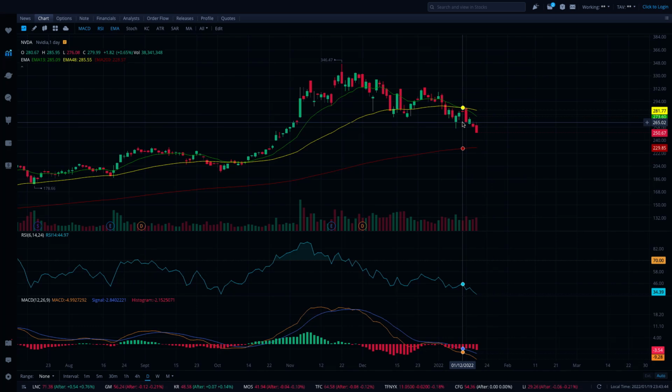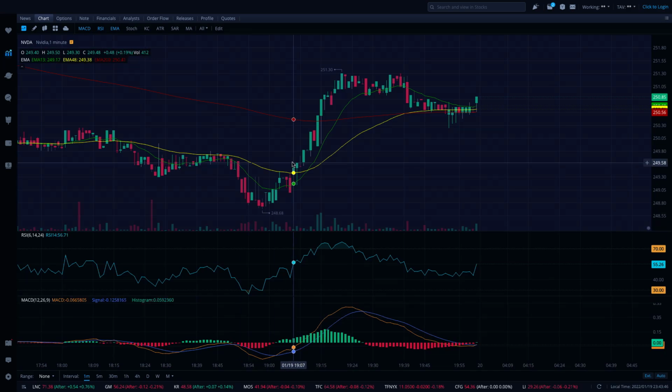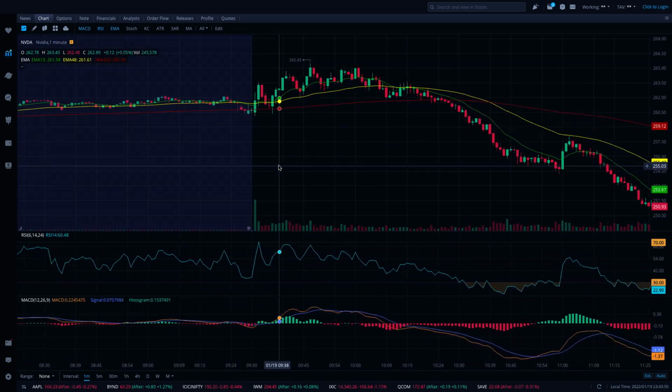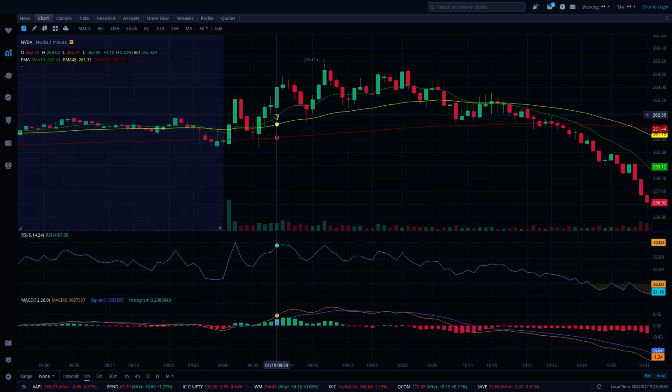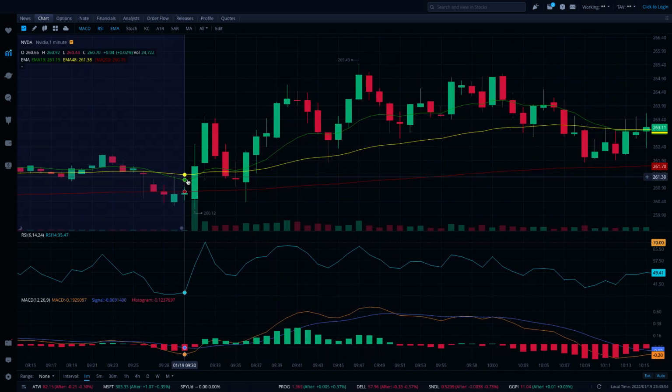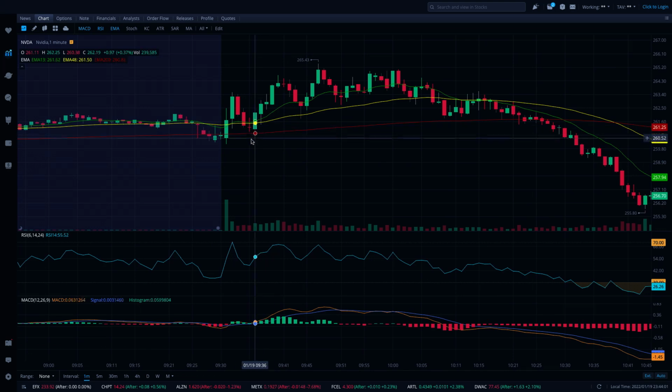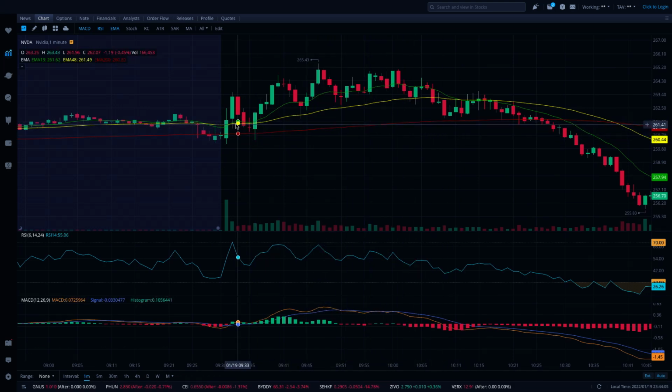Okay, so now let's look at the 1 minute and how we would play this on the 1 minute. Immediately we come out of the gate, and guys, I have a very simple rule. If the cross does not happen before your eyes, you do not take it. And I will take this call because price action is above the 200 EMA.